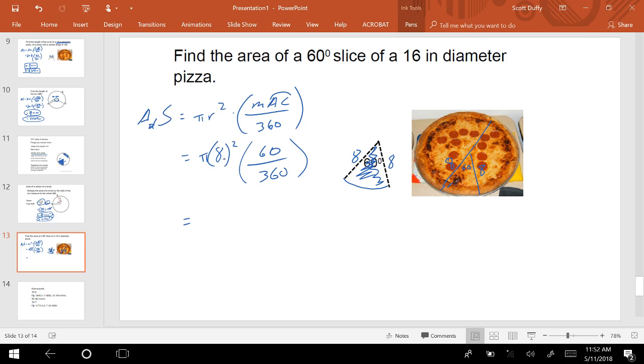Change that into a fraction. Get 32 over 3 pi. That would be inches squared. And then if I want to multiply that 32 by pi, I can get 33.51 square inches.